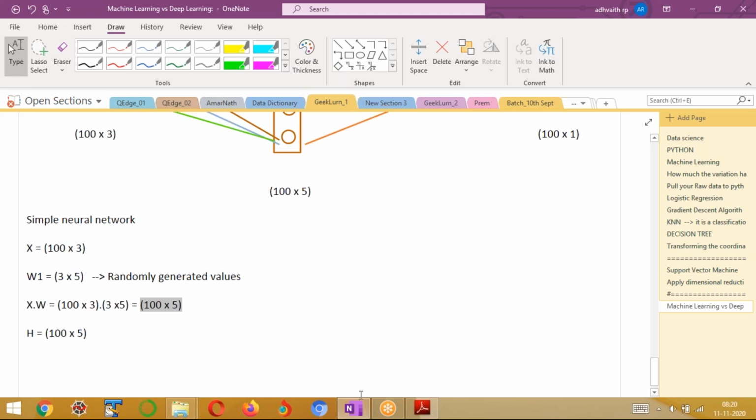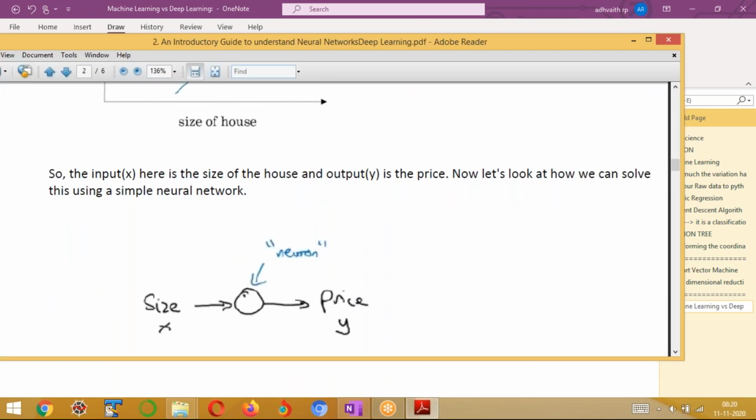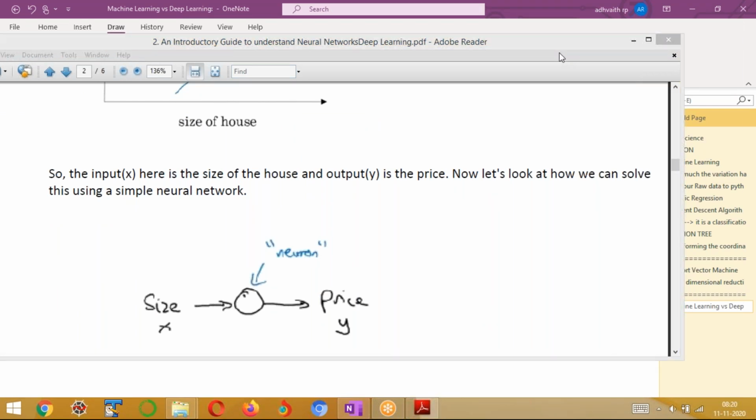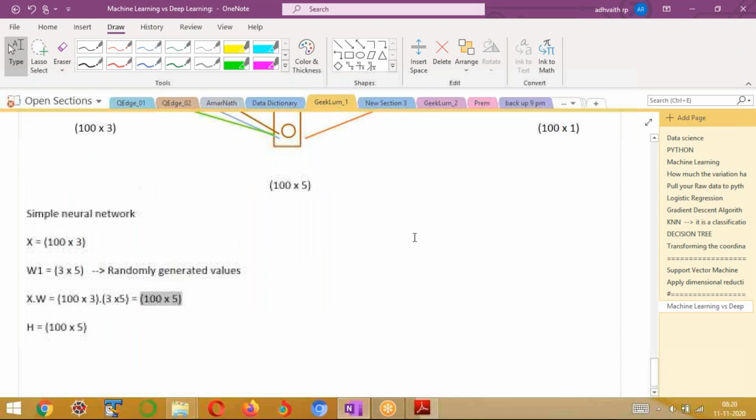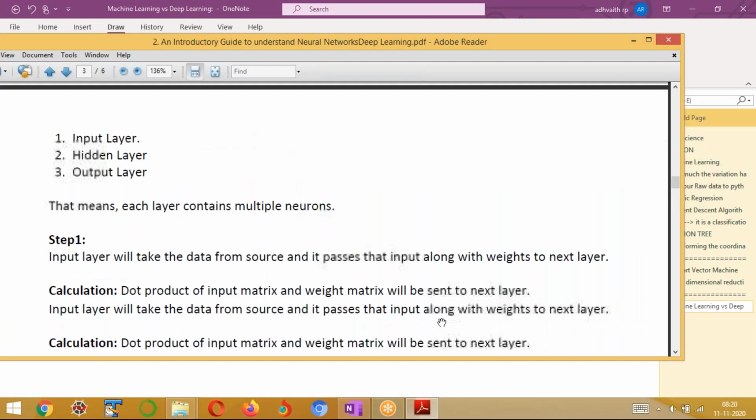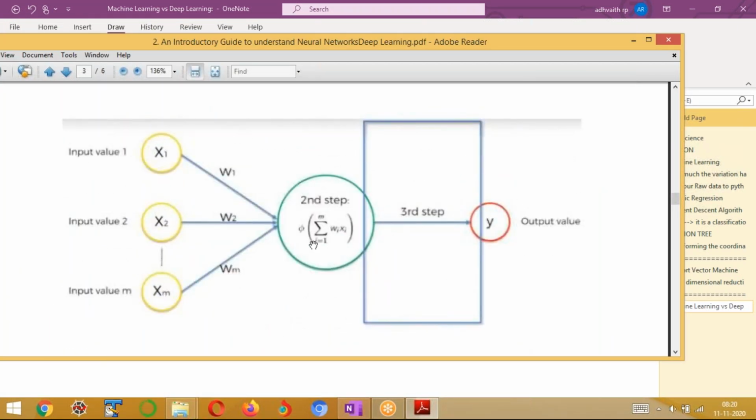So what you have done now is that the activation function is ready with you. In this example, it will be displayed. Let me show you. Yes. All right, like this. Summation i equal to 1 to m, wi xi. So what is wi here? Your weights. What is your x here?